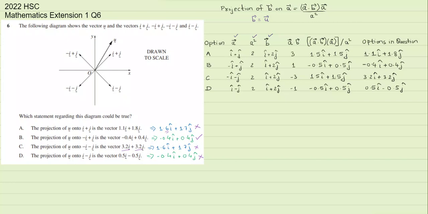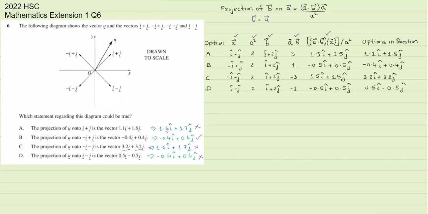Then vector A dot B has the respective values, and finally, evaluating the expression for the projection of vector B on vector A, we get four different responses, one against each option. I have also put down the options given in the question as per options A, B, C, and D.